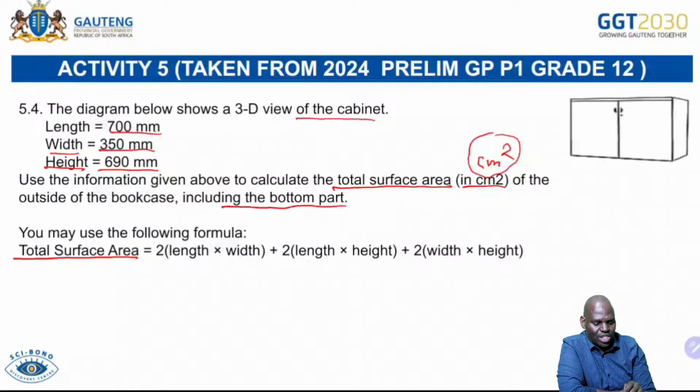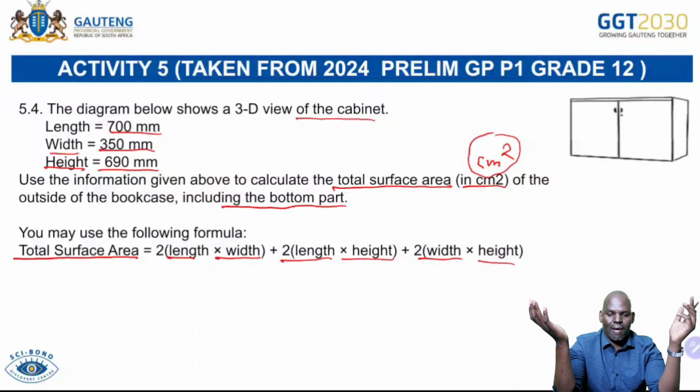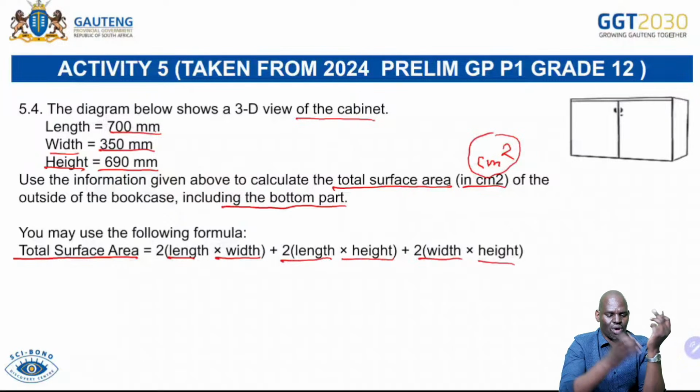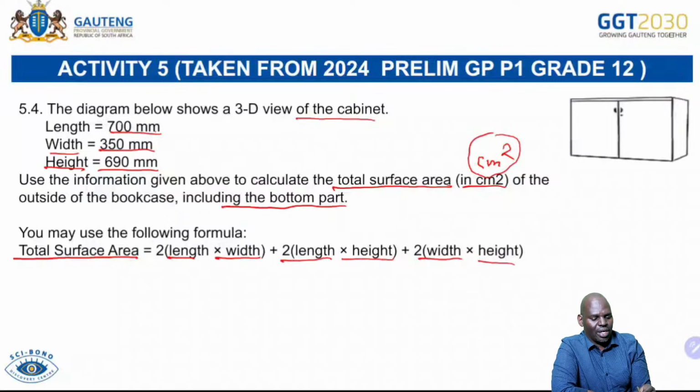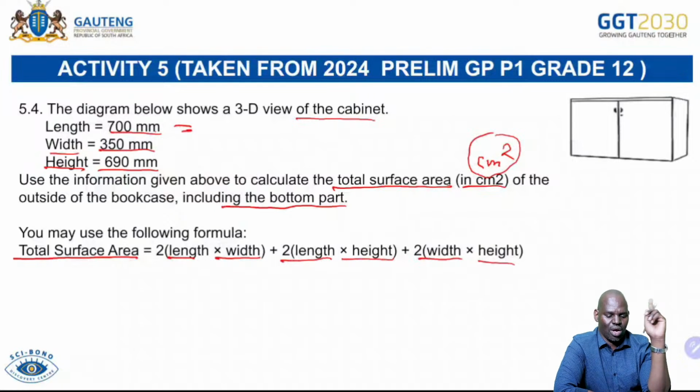For the answer to be in centimeter squared, it means the length, the width, and the height, all of them must be in centimeters. Now let us look at this. The 700 millimeters, how do we convert from millimeters to centimeters? We did one sum before, so we divide by 10.